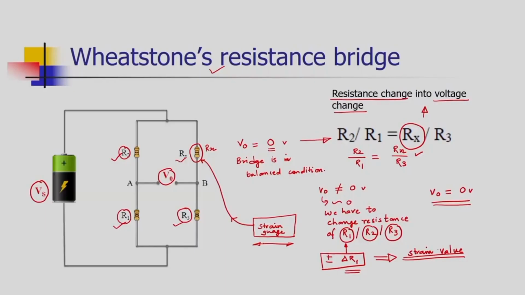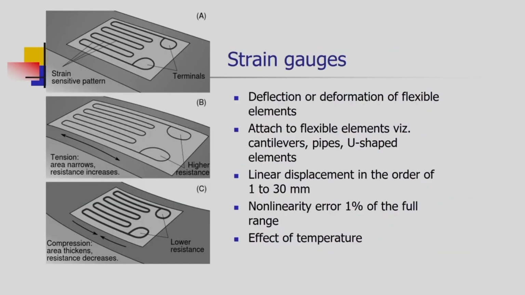When we attach the Wheatstone resistance bridge, a simple strain gauge element sensor is converted into a transducer. Some more pictures are in front of you which will clear your idea of the strain gauge. Here you can see the strain sensitive pattern and the terminals of a typical strain gauge.